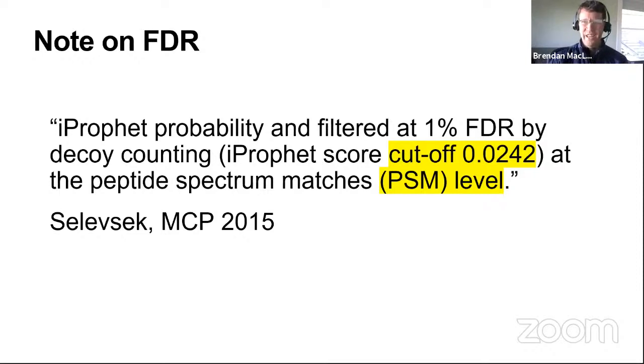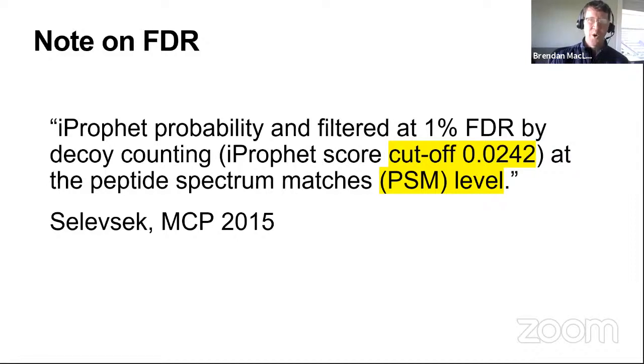But I would really say, if you have a posterior error probability, pick something reasonable as a cutoff. So we're going to use 0.9, which in terms of posterior error probability would mean 1 in 10 is going to be a false discovery. I think that's a fine cutoff. So you pay some attention. Don't just take a whole bunch of false hits to get your FDR up to 1%.